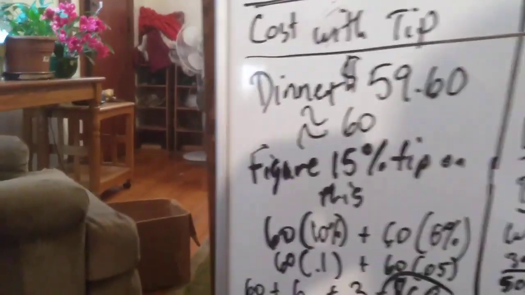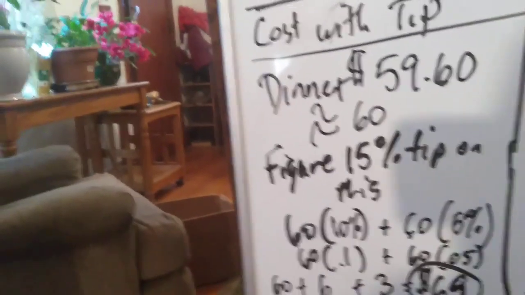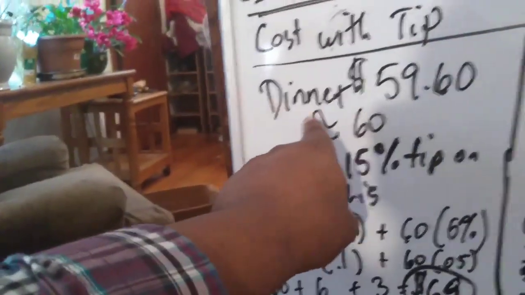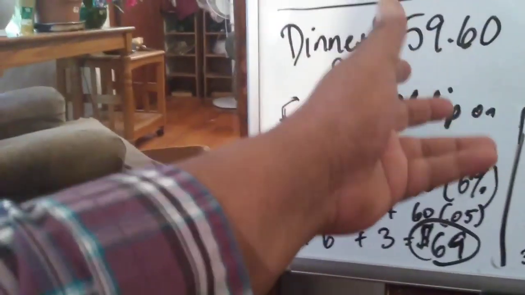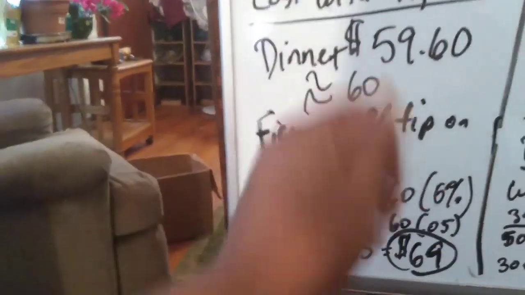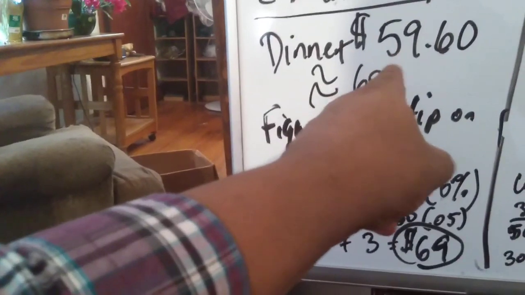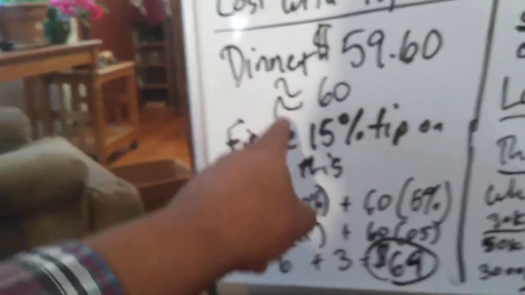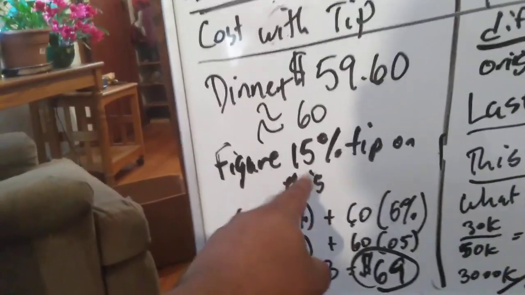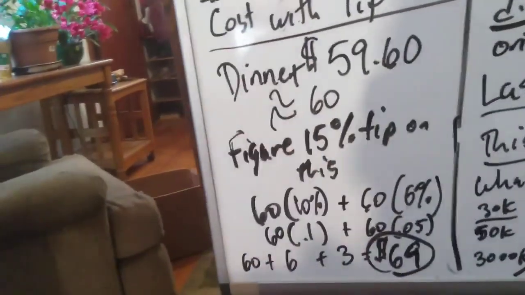Cost with the tip. Suppose you went to dinner and your dinner price was $59.60. You can estimate that and then find a 15% tip on it. The estimate rounds up, since this is closer to $60 than $50. So there's a 15% tip on $60.